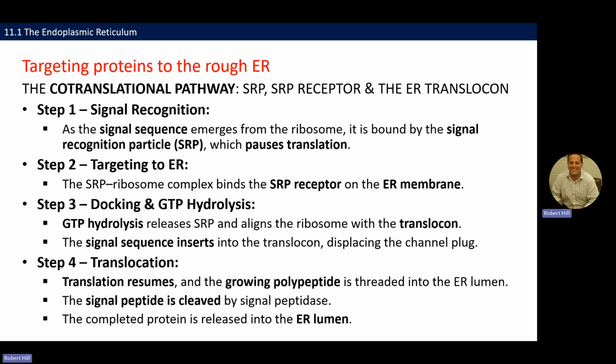The next part is translocation. That means the movement of the new protein into the ER, passing through the translocon. And then ultimately at the end, the signal, that hydrophobic stretch of amino acids, is cleaved. Now the protein is in the lumen of the ER.